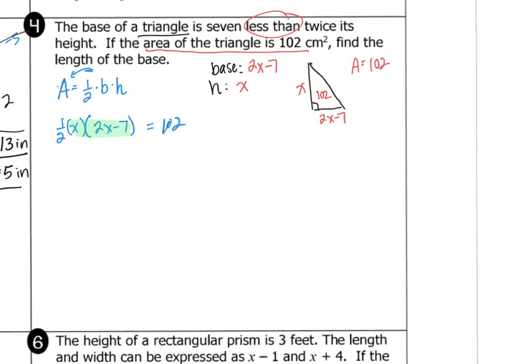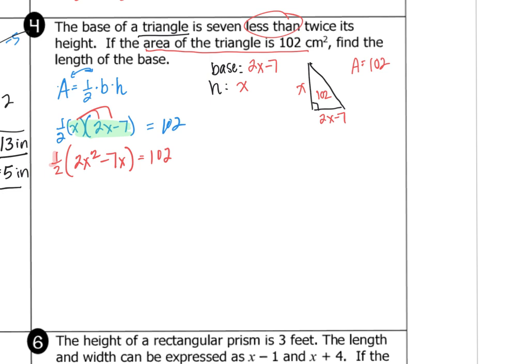I save that 1/2 for a minute, hanging out on the outside. I'm going to leave parentheses and distribute: x times 2x to get 2x squared, x times negative 7 is negative 7x. I'm leaving that inside parentheses because I need to show that it's still going to get multiplied by 1/2. And this is still equal to 102.